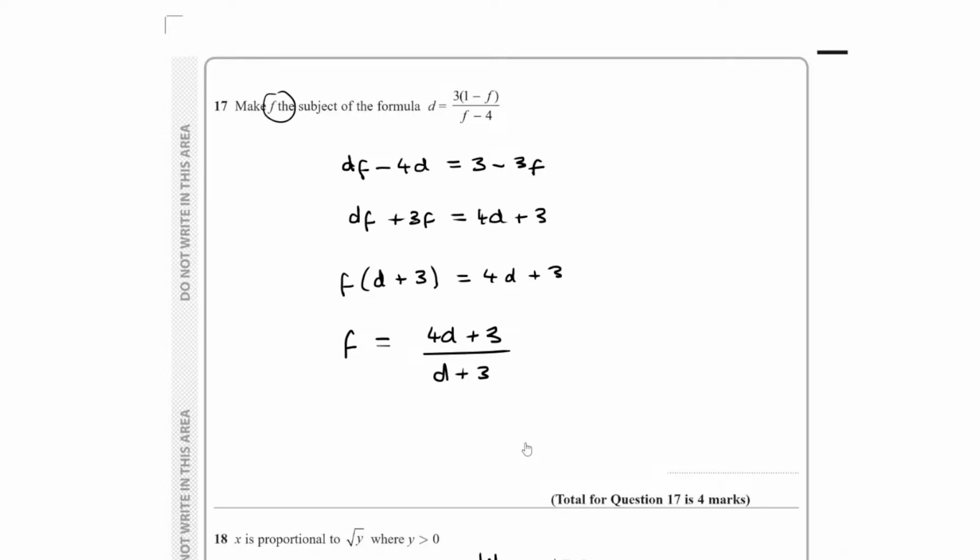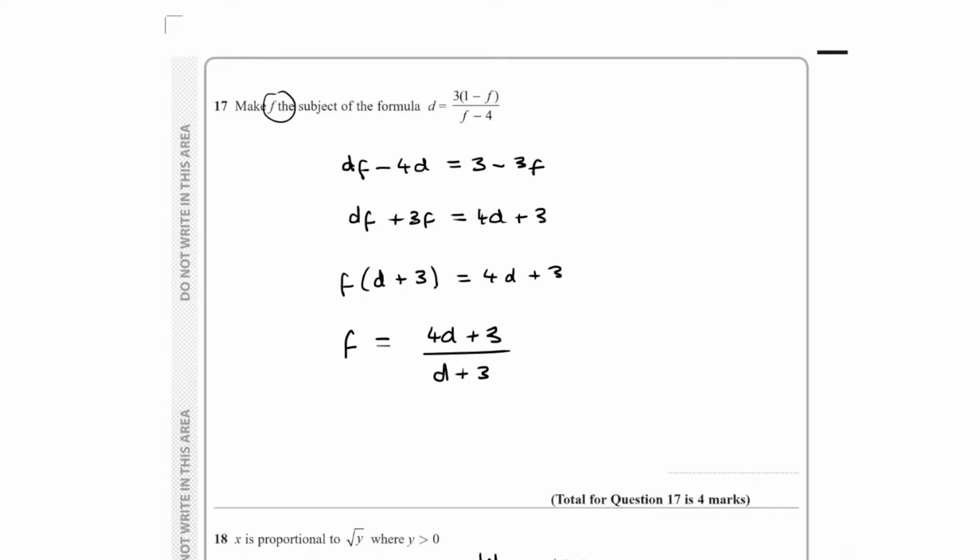Because if you do 3 plus 4d, well, did you put d4 or 4d? Because the coefficient should technically always be in front of the letter. I don't know if they'd be fussy about that, though. Technically, you should always put the number in front of the letter. Like, d4 doesn't really mean anything.